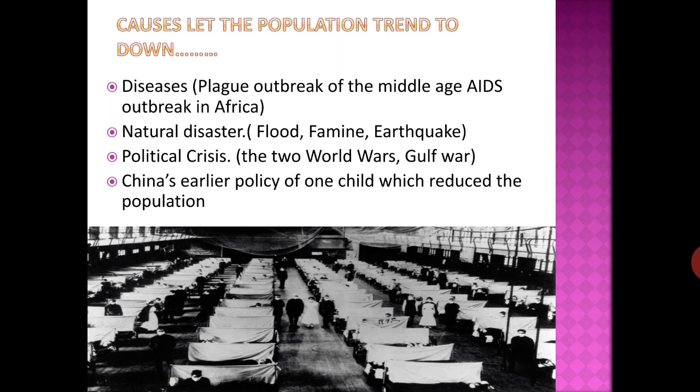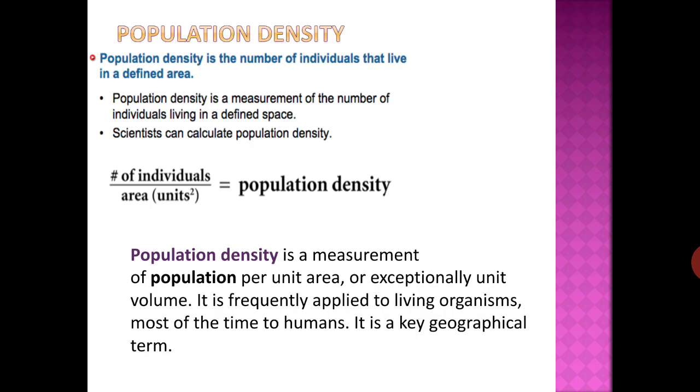And during some political crises where civil war broke out, an exemplary political crisis is the World War and Gulf War, where lakhs and millions of people died. Even if there were many reasons to check the growth of the world's population, still the population of the world has been increasing day by day.